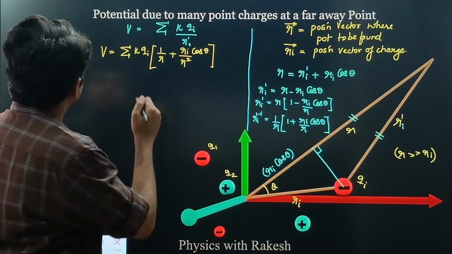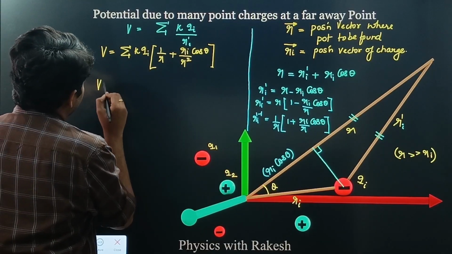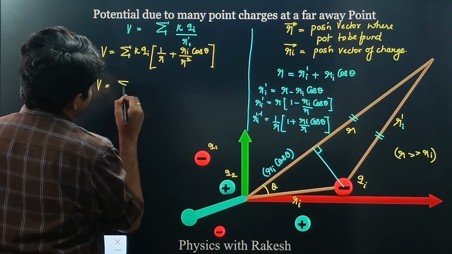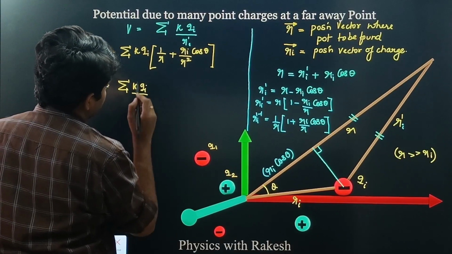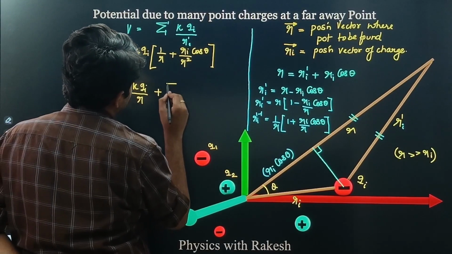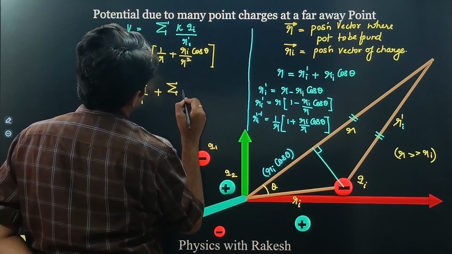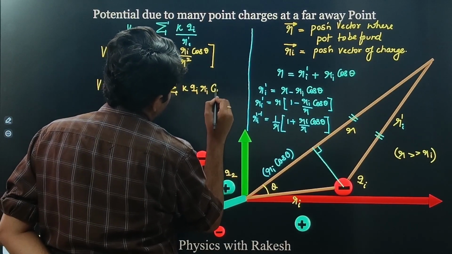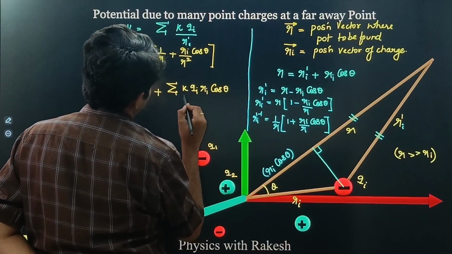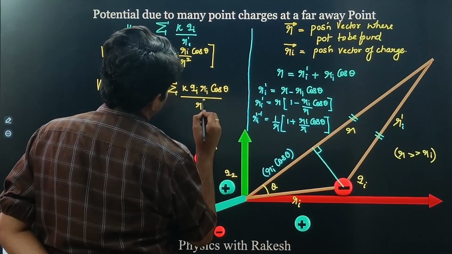It comes out to a very nice expression. V equal to summation kqi by r plus summation kqi ri cos theta divided by r square.